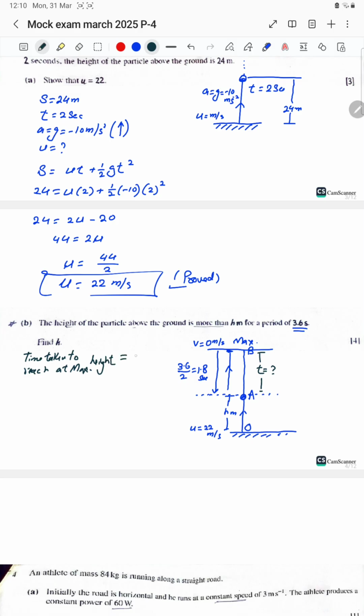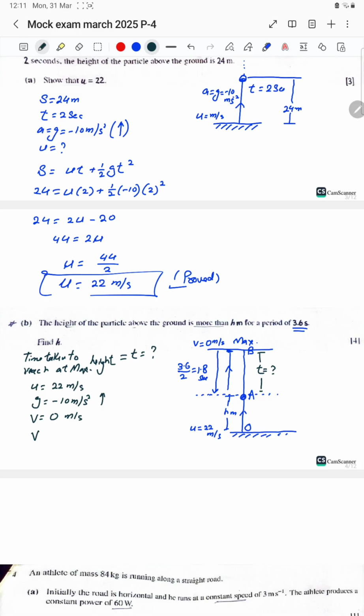Say that is t. We have to calculate it. Initially you are given u is 22 meters per second, and g is going up, so minus 10 meters per second squared because it's going up. And at the maximum, v is 0 meters per second.